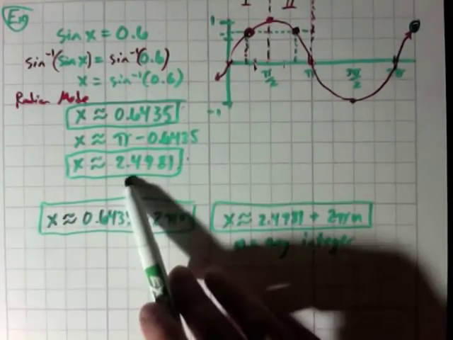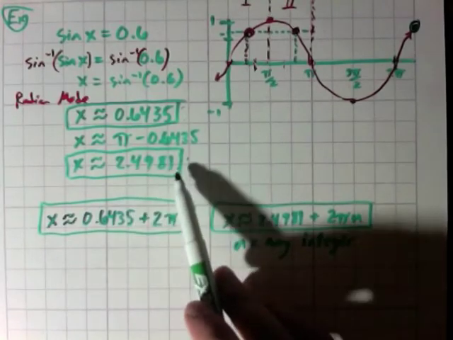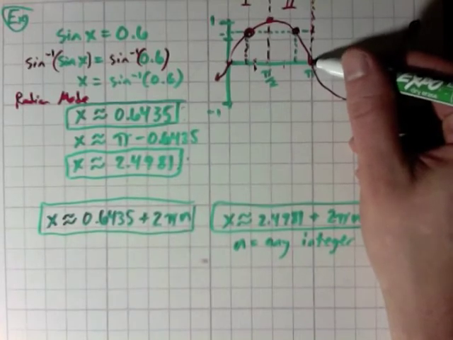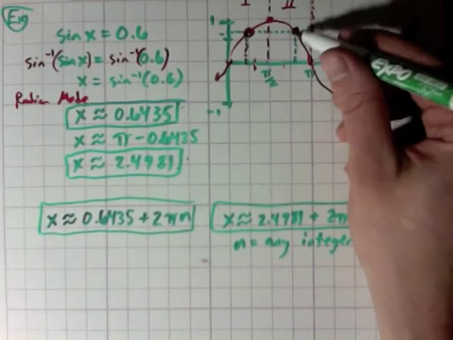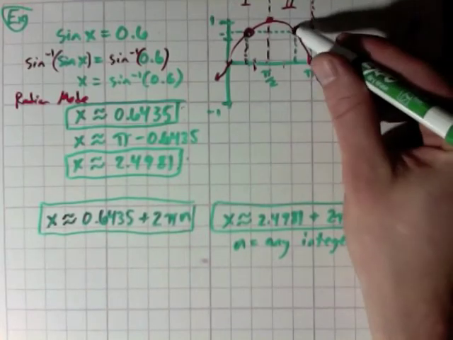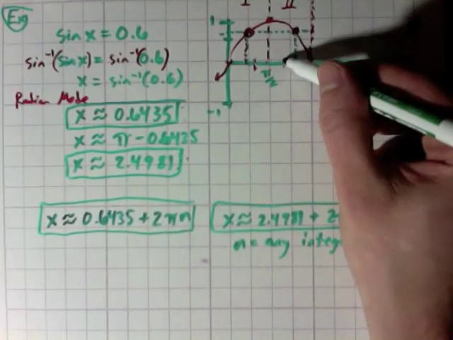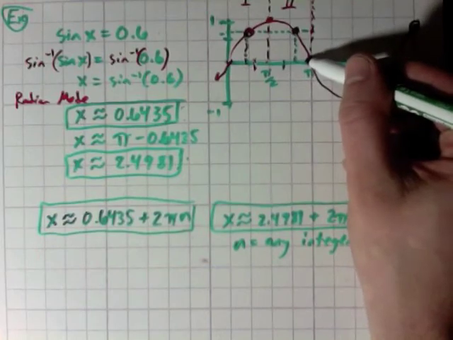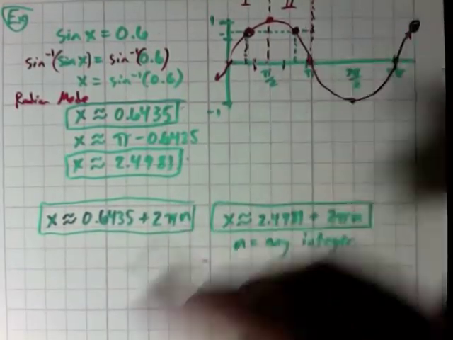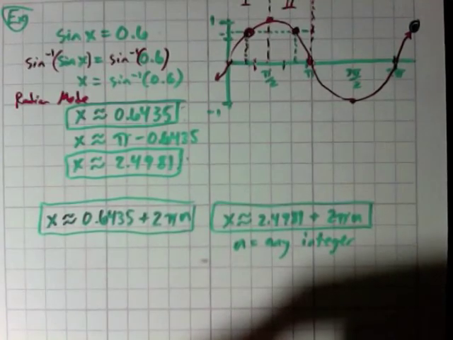And once again, I actually just want to point out 2.4981. If pi radians is 3.14, notice the 2.4981 does appear to be about where I'd expect that point to be, right? If this was 2 radians, 3 radians would have been around here, and that's about 2.5. So that did appear to land where I would have expected it to.